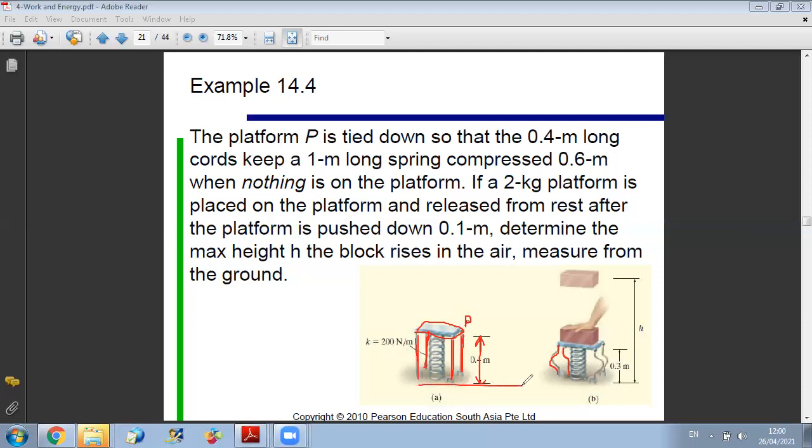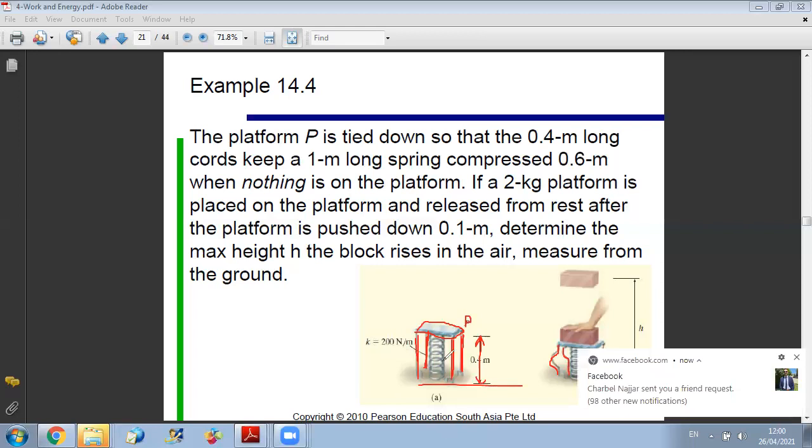from the ground. And since they are connected to a spring which has a non-stretched length of 1 meter, then they will force my spring to be compressed, because the unstretched length is 1 and the maximum distance to the floor is 0.4, so of course my spring will always be compressed.